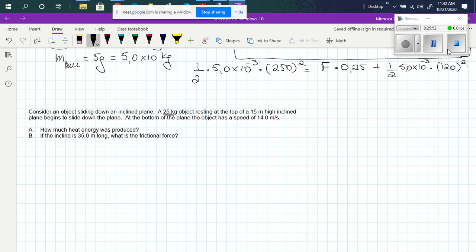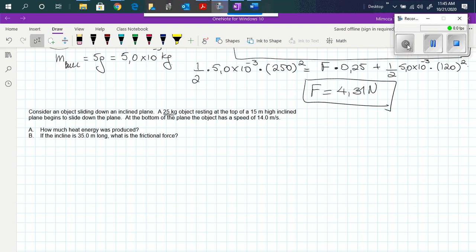What is the heat that was produced? And the force here is 4.31 newtons. So try drawing the situational diagram here, and then try solving it without me doing anything much.